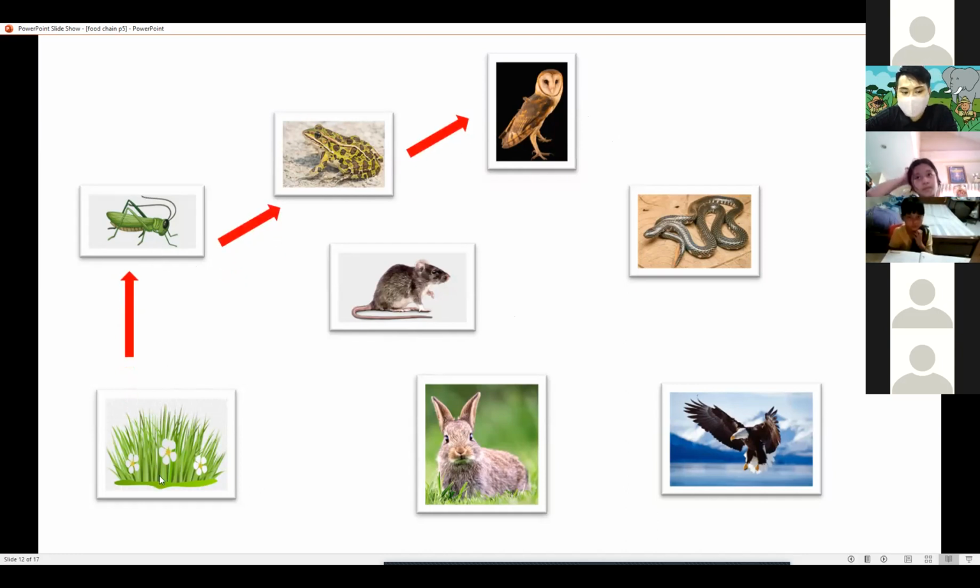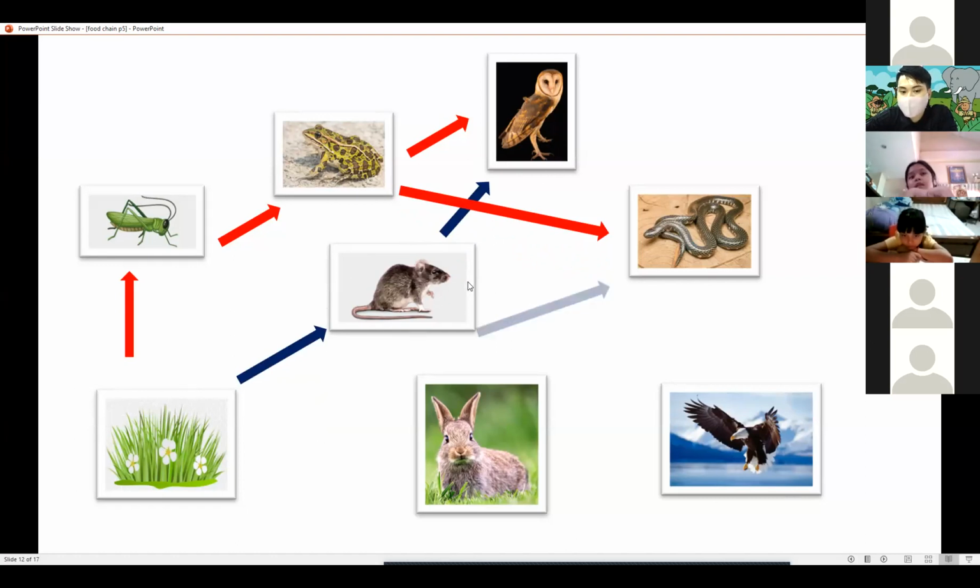Okay, so the grasshopper, frog, owl. One. Next. Two. The frog can be eaten by the snake. All right. Next. Grass, rat, or grass, mouse, owl, or snake.